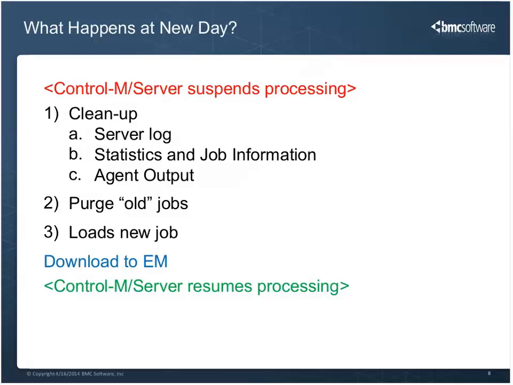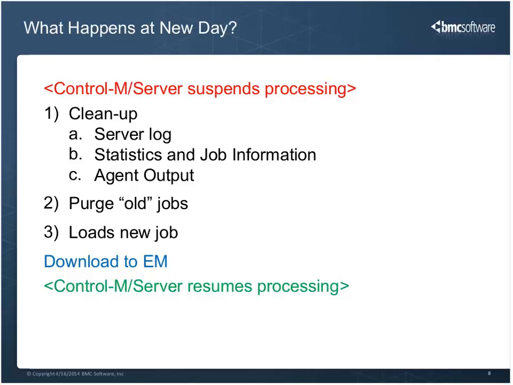All right, what happens at New Day? Basically, there are 3 phases that take place at New Day. The server does a cleanup where it cleans up some of the database tables and some things in the environment. Then it goes to purging old jobs out of the environment, the jobs that are no longer needed for the next day.